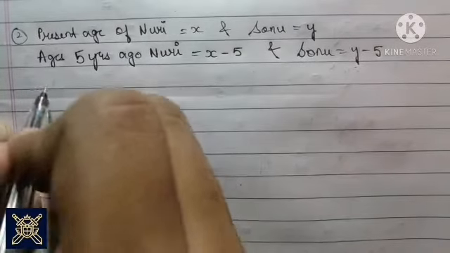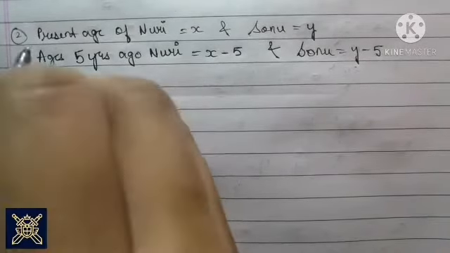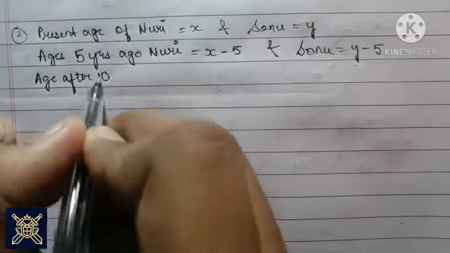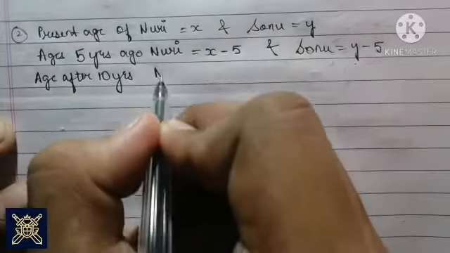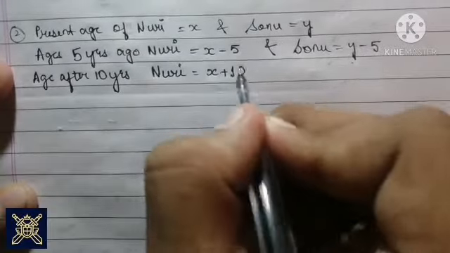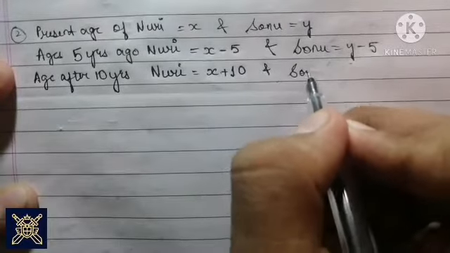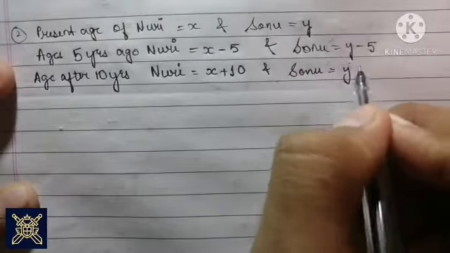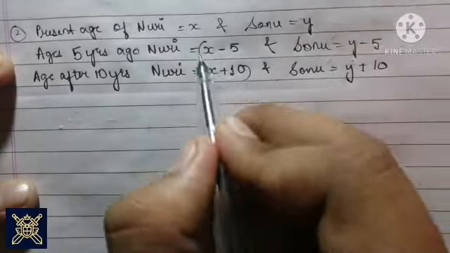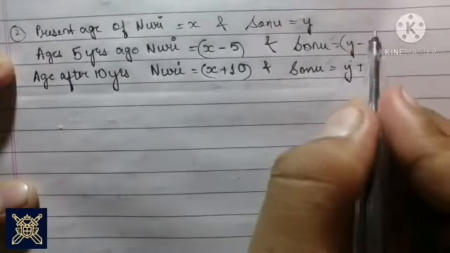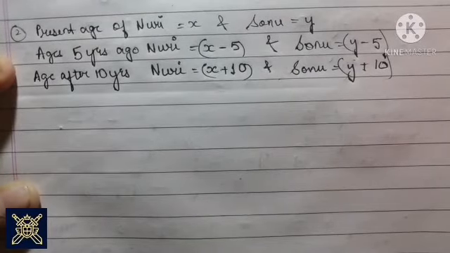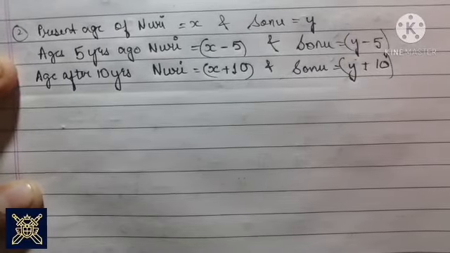Similarly, we will have to find their ages 10 years later. So the age after 10 years for Noori is equal to x plus 10, and for Sonu it equals y plus 10. So these are your variables, the ages. Now the first thing that was given, that 5 years ago Noori was thrice as old as Sonu.